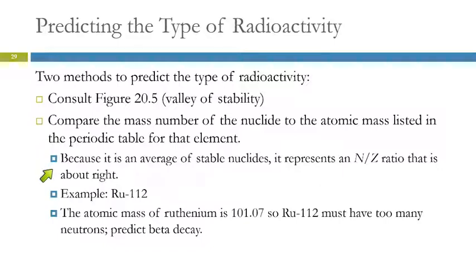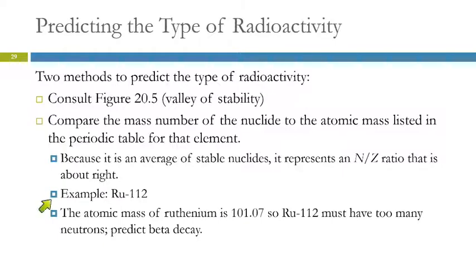On the periodic table, the atomic mass is the average of the stable nuclides, and so that's going to give us nuclides that have an N to Z ratio that's about stable.